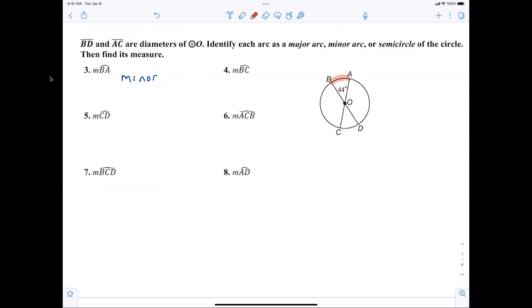That's what they're trying to tell you, which should make sense because that arc is being swept out by the radii, right? If you move along, that's the arc. So everybody should be able to tell me BA is 44. And then of course, everybody should be able to tell me that BC is also a what? Minor arc, and its measure is what?